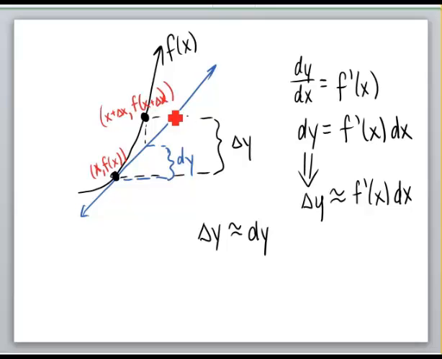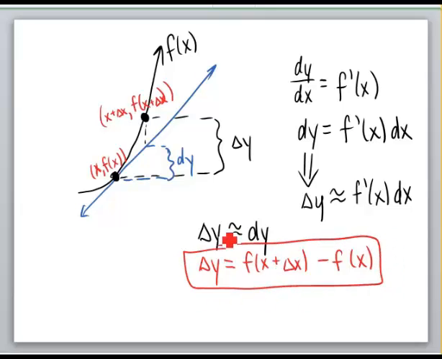We've done this before when we were deriving the derivative. What I'm going to take note of is that the change in y is equal to the y coordinate minus the y coordinate. So our y coordinates would be f of x plus change in x minus f of x. We're going to need this knowledge as we continue on. So we're going to be using this and the dy equals f prime of x dx.